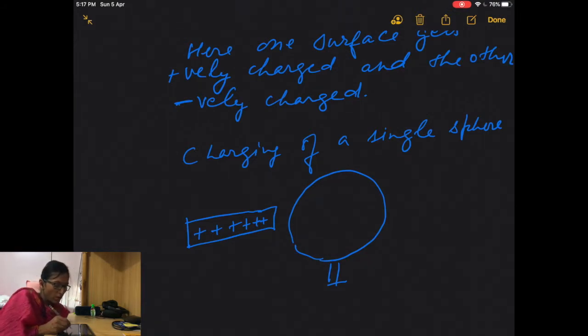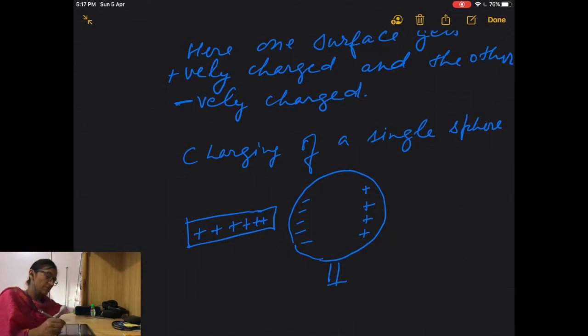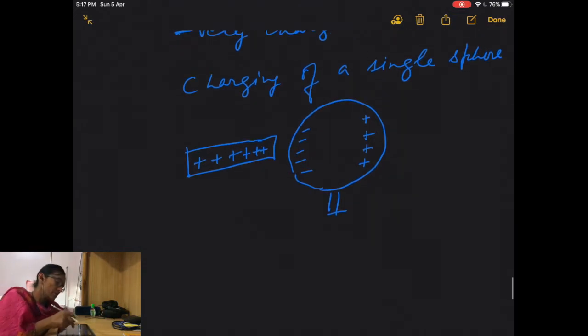Then a fraction of negative charges will be attracted towards this positive charge, and a fraction of positive charge will be repelled to the opposite surface.